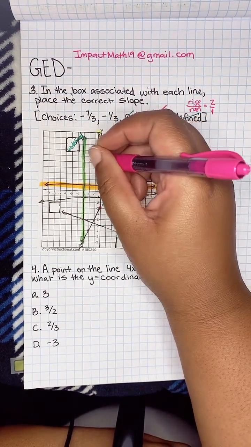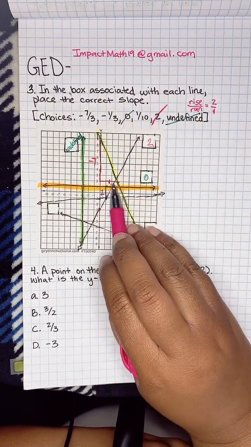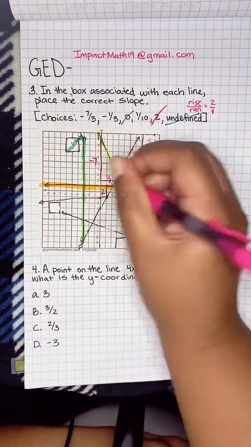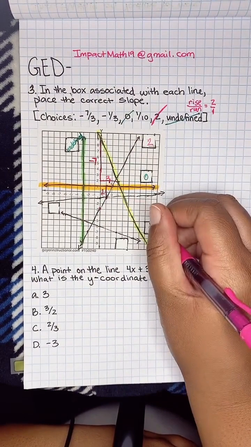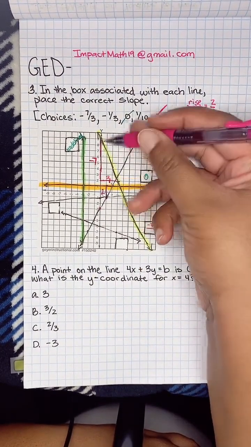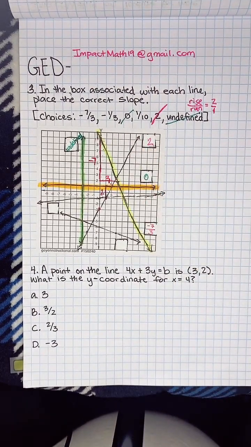So we went down 7. So that means we're going -7. And then we're running how many to the positive? 1, 2, 3. And so our slope is going to be -7, because it's the rise, the fall, over the run, which is 3. Good job, you guys.